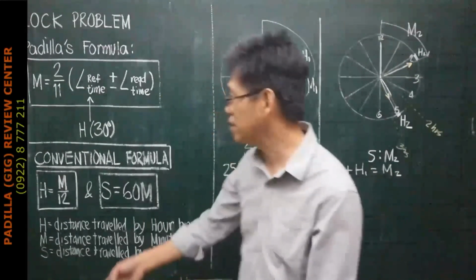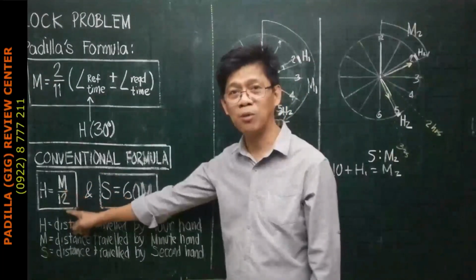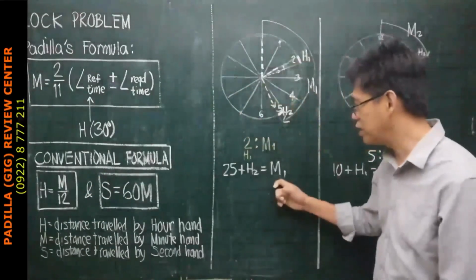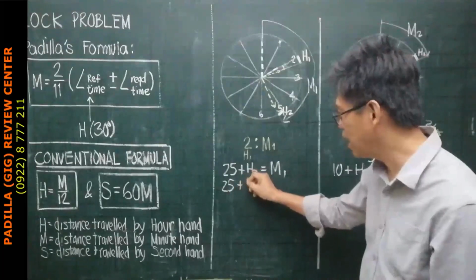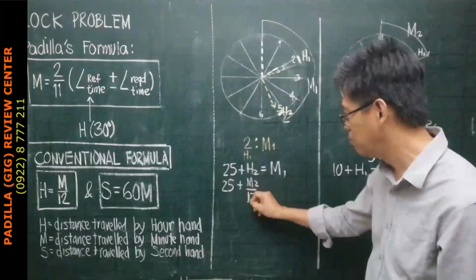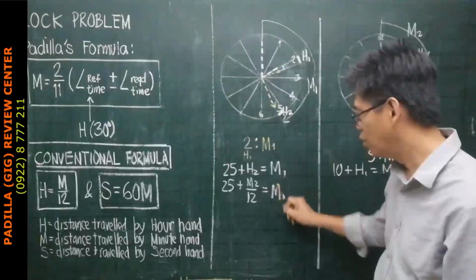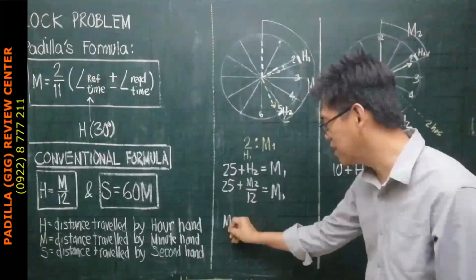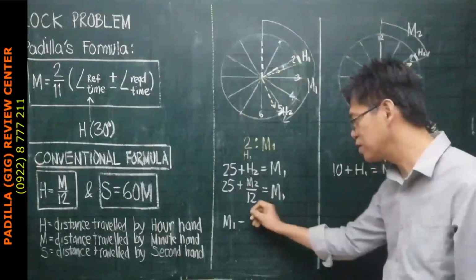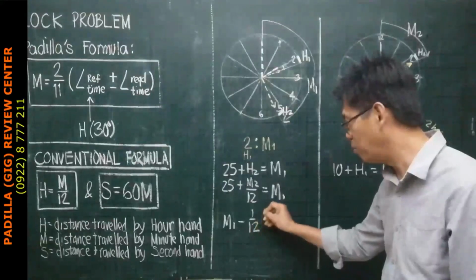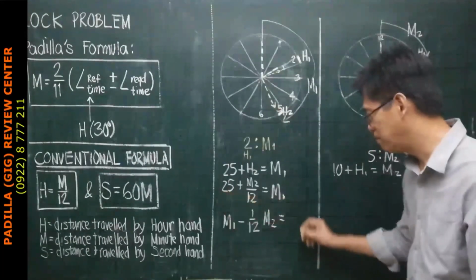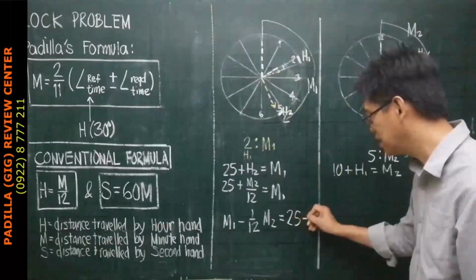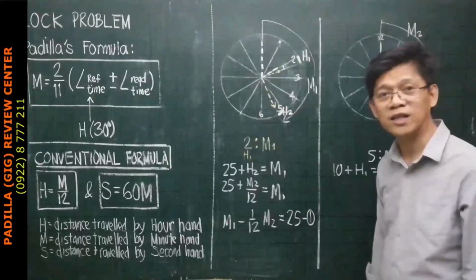What is H in terms of M? M over 12. So therefore, this is 25 plus M2 over 12 is M1, or M1 minus 1/12 of M2 is equal to 25. This is equation 1.